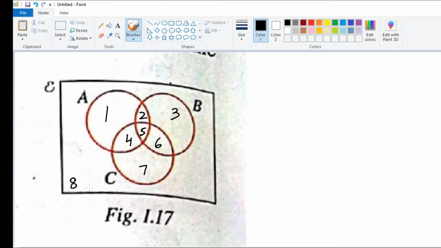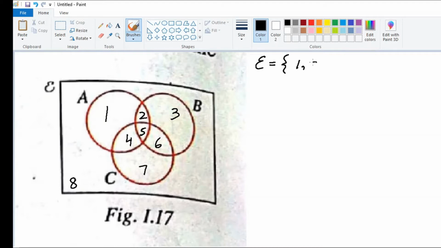You can see that eight spaces were there, and I filled them all: one, two, three, four, five, six, seven, eight. The very first thing is you will write the set for the universal set.